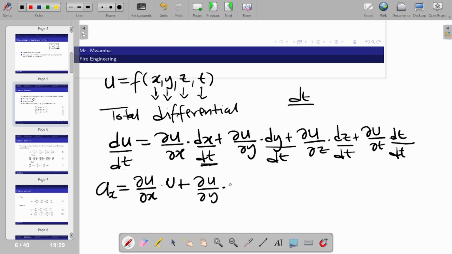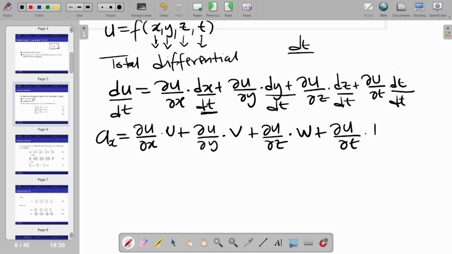This is the velocity component of the y-axis, plus the partial derivative with respect to z times, we have plus partial u over t, but this is going to be a 1, so times 1.